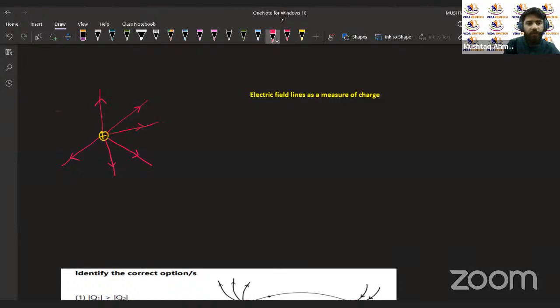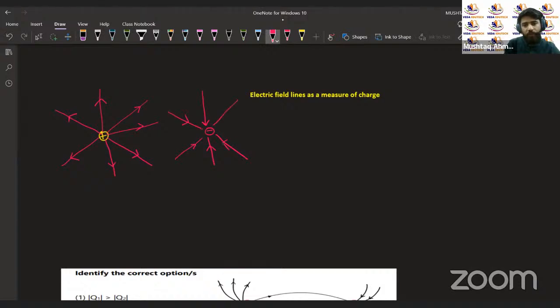And if this is an isolated negative charge, isolated meaning there is no other charge in the vicinity of this charge, then the electric field lines are going to terminate on it.